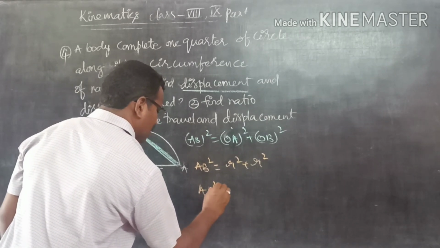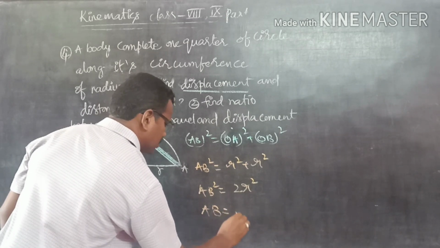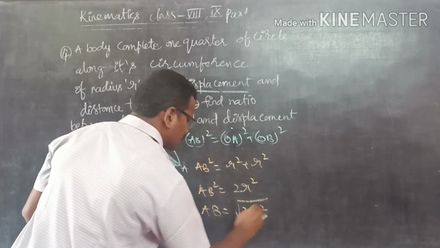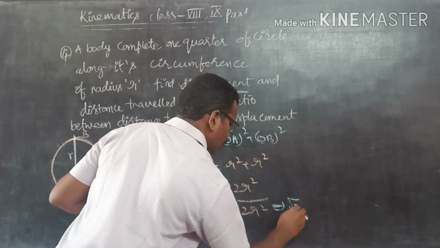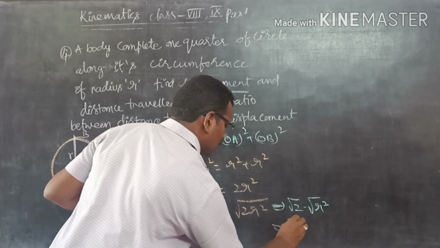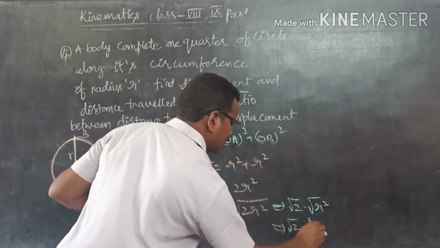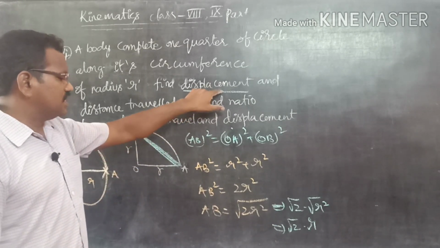Then AB square is equal to 2r square. That means AB is equal to root of 2r square, which can be taken as root 2 into root r square. The value is root 2 into r. This is the value of displacement.